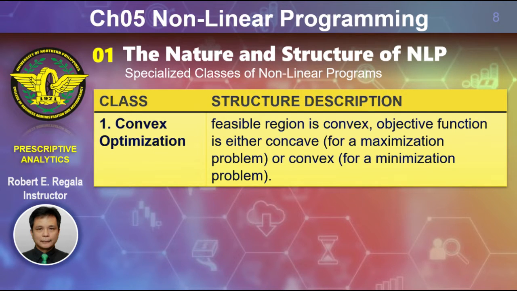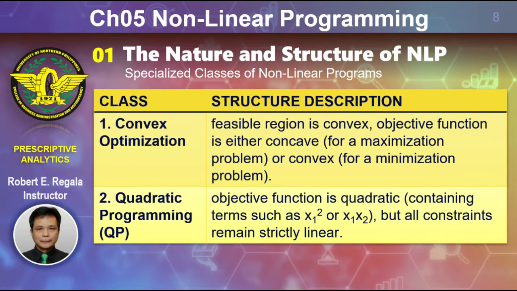This highly desirable class exists when the feasible region defined by the constraints is convex, and the objective function is either concave for a maximization problem or convex for a minimization problem. Convex programs share many of the attractive computational properties of linear programs, specifically concerning the reliability of the resulting solution.